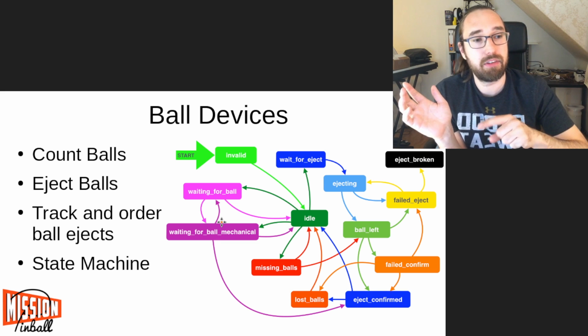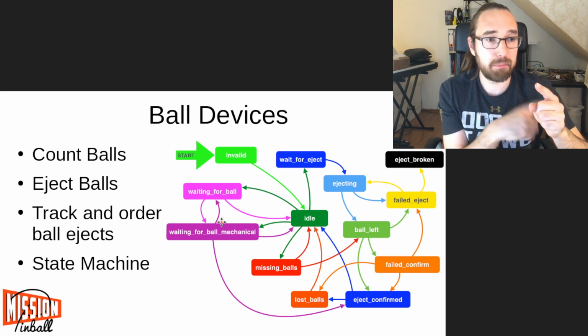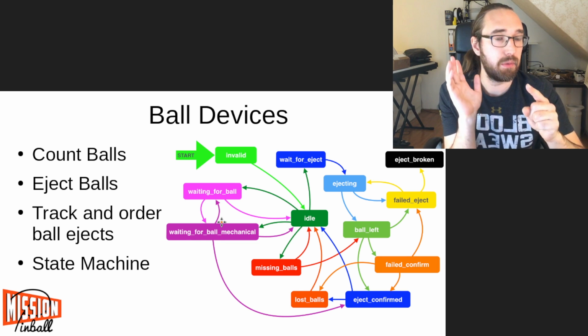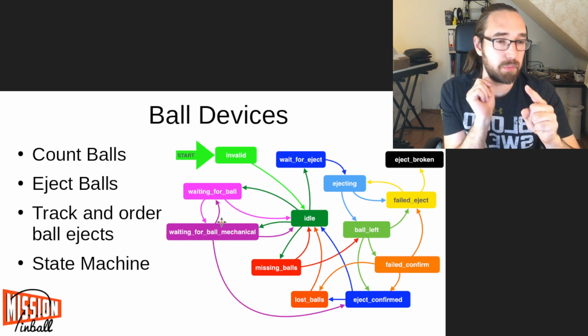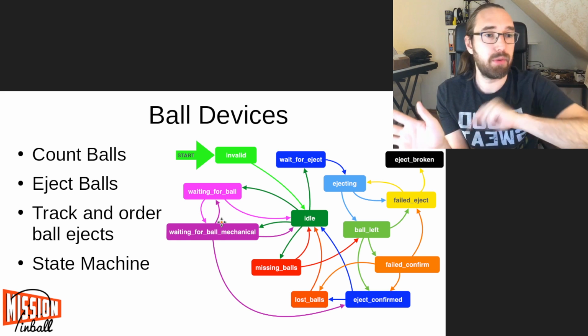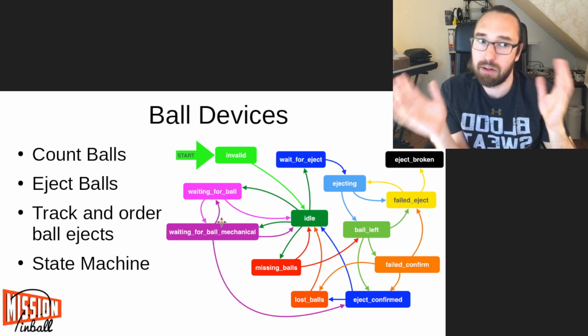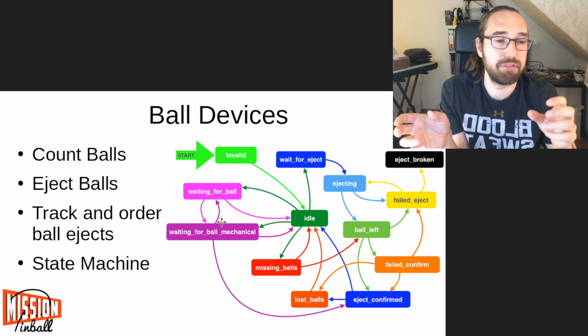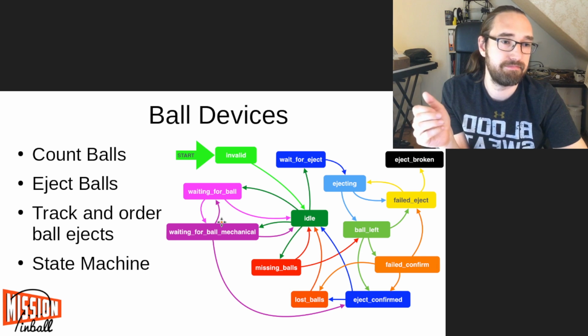And that's also sometimes very tricky, because for example, in a normal machine, what can happen is the trough ejects a ball, the player plunks it without it hitting the plunger switch once, it goes to the playfield, doesn't hit any switches, and drains. That looks exactly the same as if it just returned to the trough.